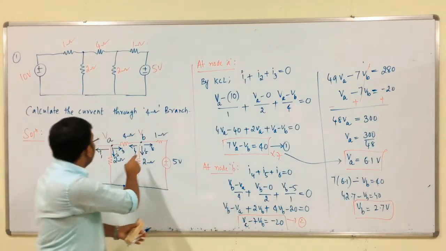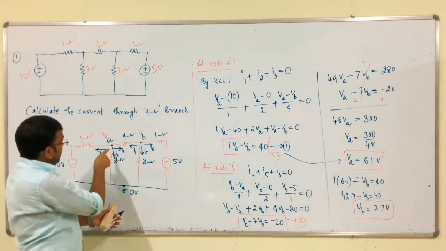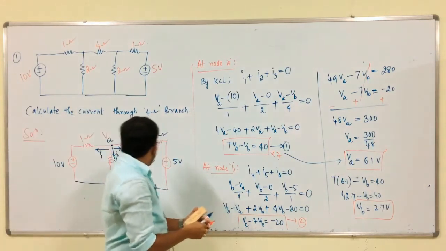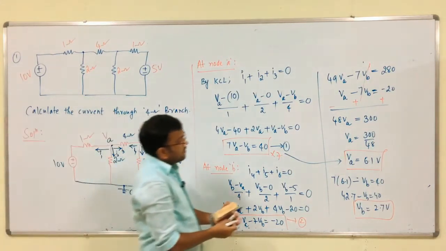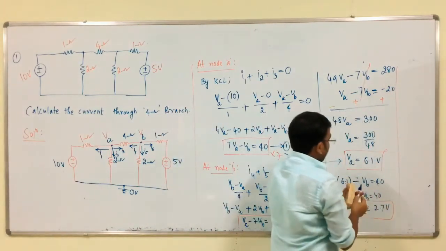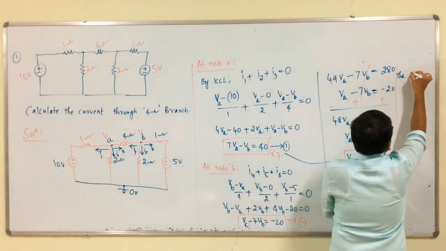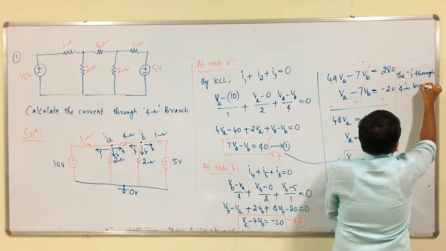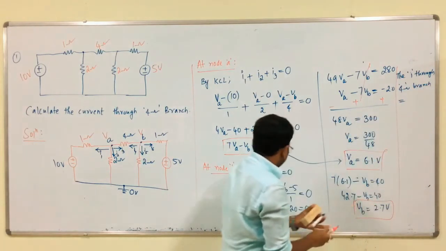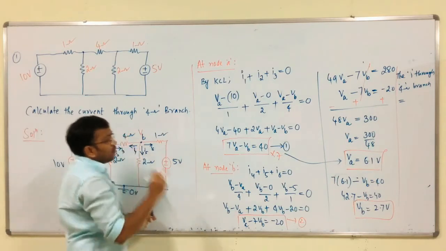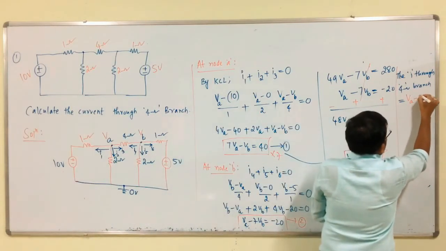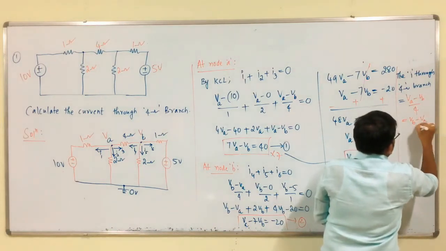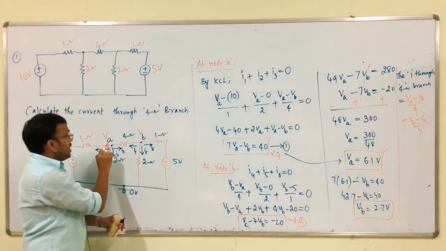So, we have to calculate the current through this 4 ohm branch, that is VA minus VB by 4 or VB minus VA by 4. Therefore, the current through the 4 ohm branch is VA minus VB by 4, which is equal to VB minus VA by 4.